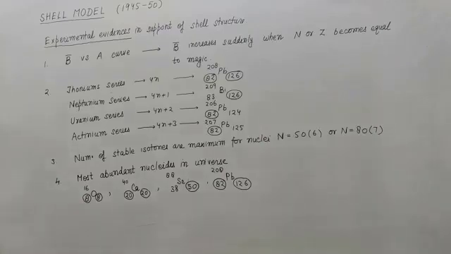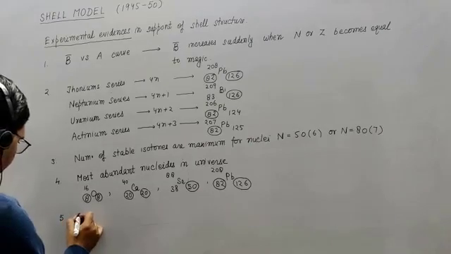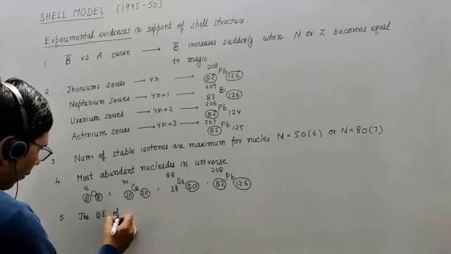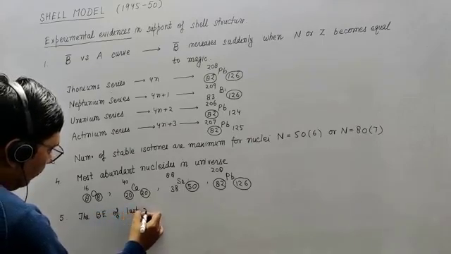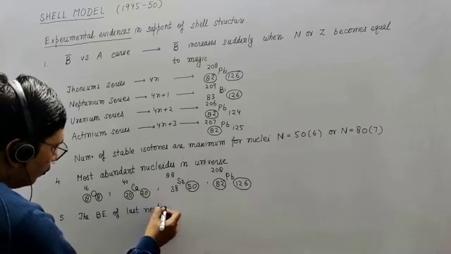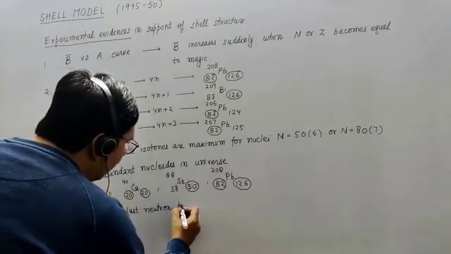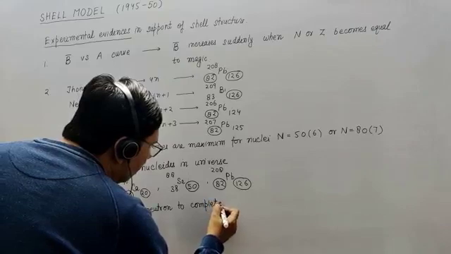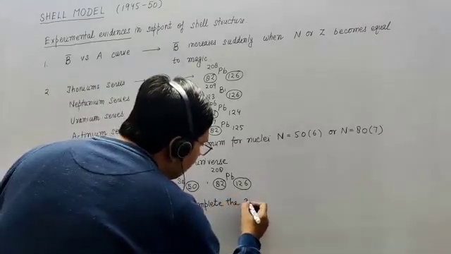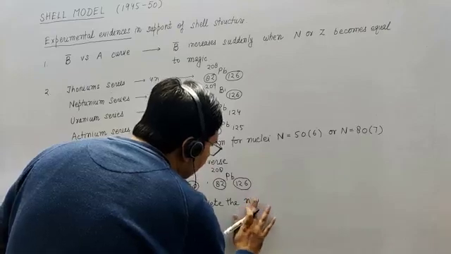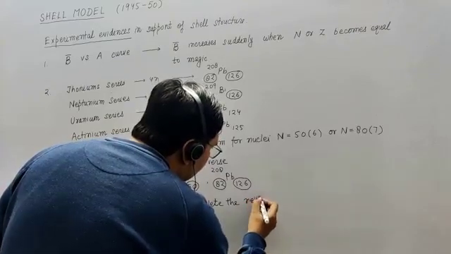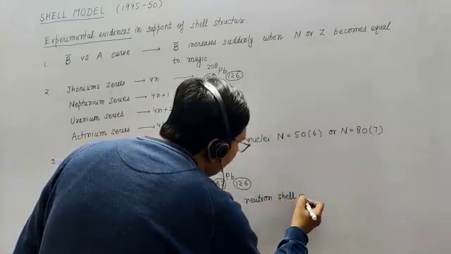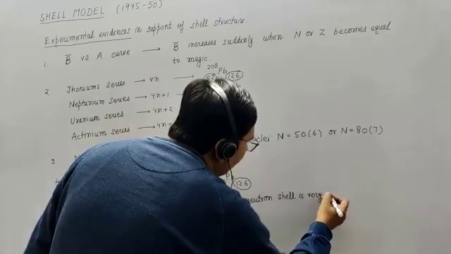Another important fact that was observed is that the binding energy of the last neutron added to complete the neutron shell is very small.